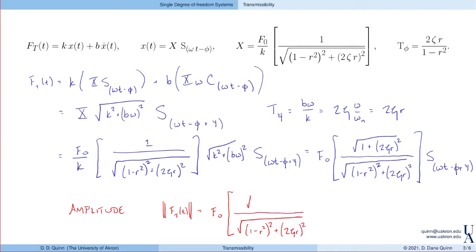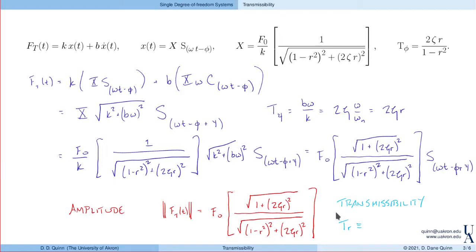In the numerator, we have 1 plus 2 zeta r squared. This is known as the transmissibility. And it's abbreviated with a TR.